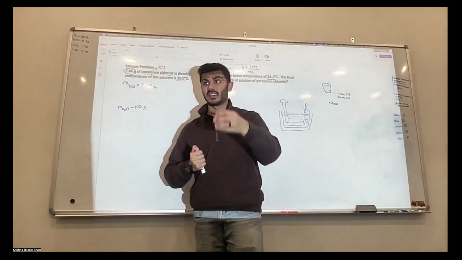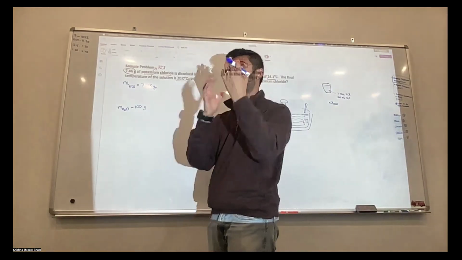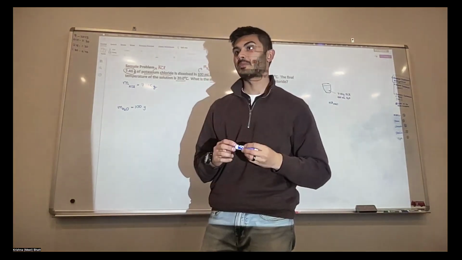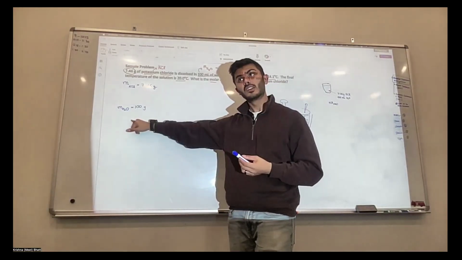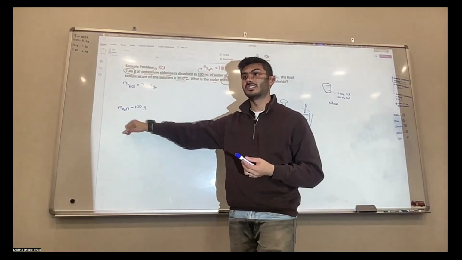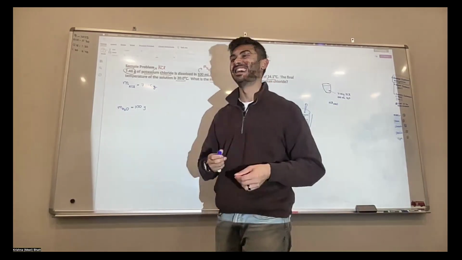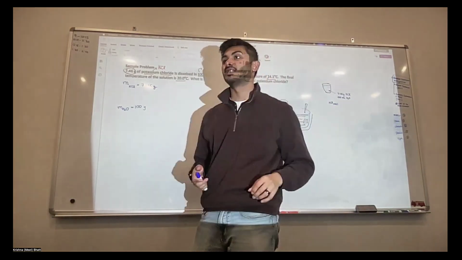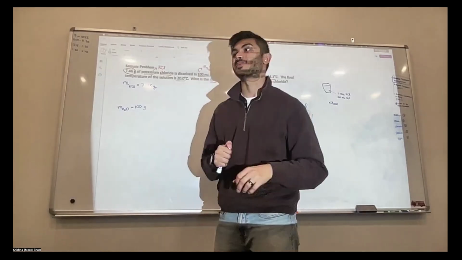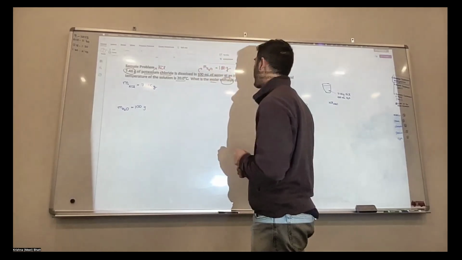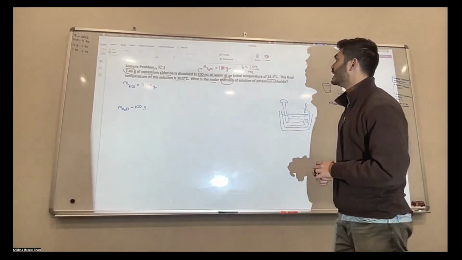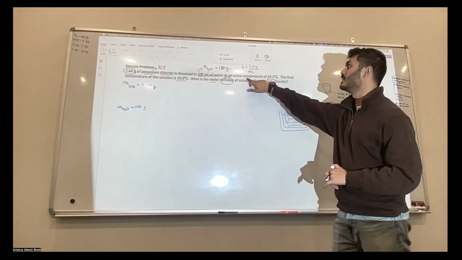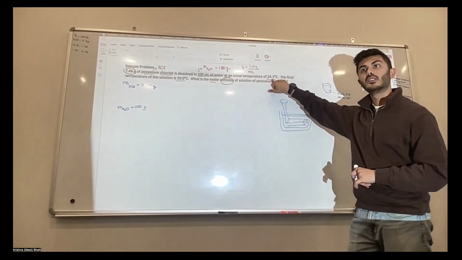The system is inside the surrounding, right? The surrounding is encompassing the system over here. So the water is the surrounding. It is surrounding all the KCl formula units, essentially. Ions, essentially.